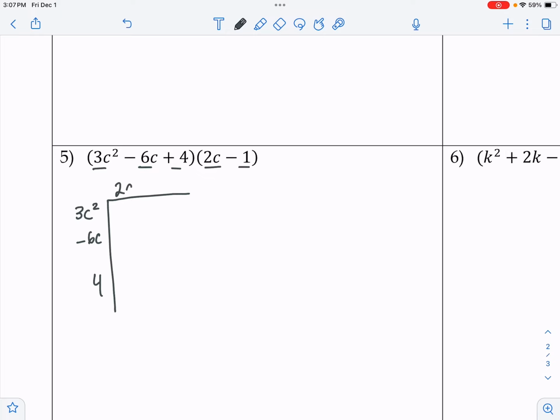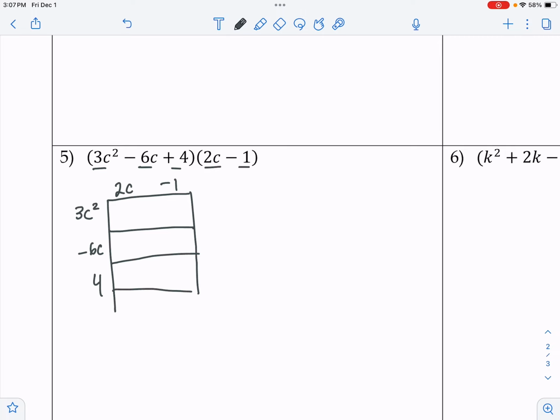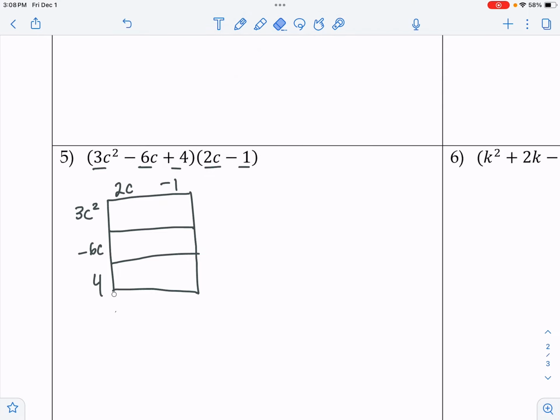And then we have a 2c minus 1. Okay, and then fill in our invisible ones.